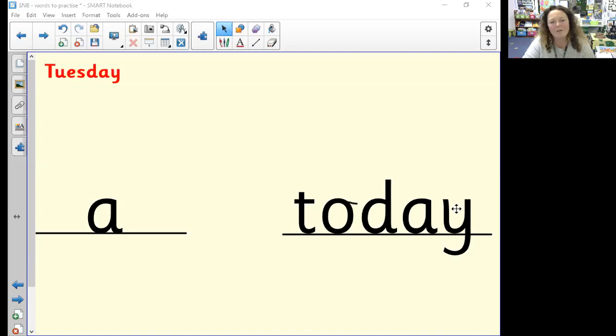But let's have a look at the letter Y. We have to start to make it sit on the line, so the body of the letter sits on the line, but then we have to make sure, because it's a descender, that it goes down under the line very straight and then curls just a little bit at the end.